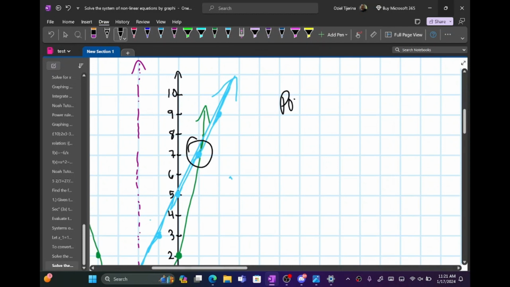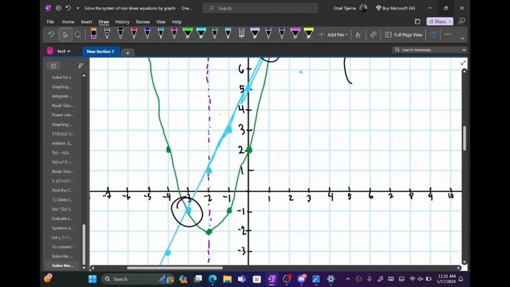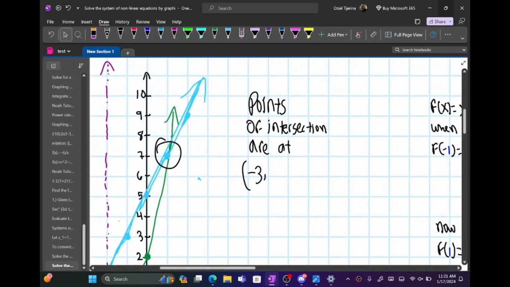So the points of intersection are at negative 3, negative 1, and 1, 7.